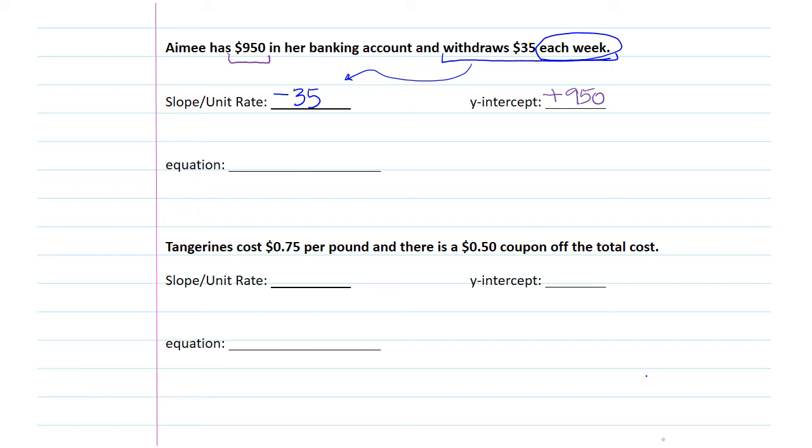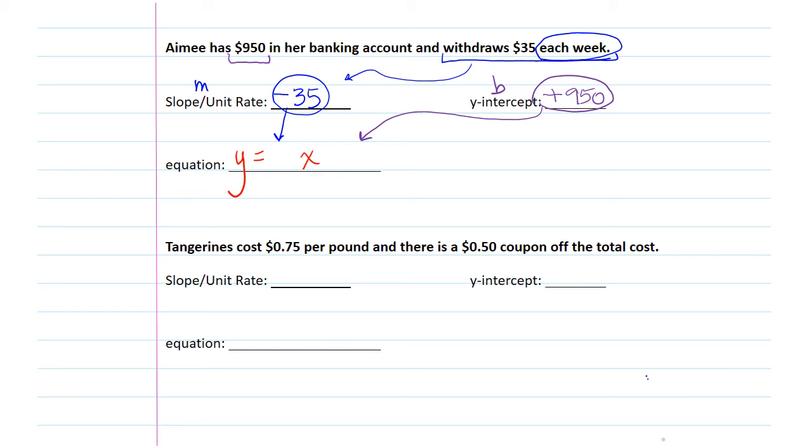Okay, so what is our equation going to be? Remember, anytime you're dealing with this, put slope as M, write down that your y-intercept is B, and then I'm going to write my equation. Remember, I said we always have y equals something x, and then plus or minus B. Our M goes here, our B goes here.